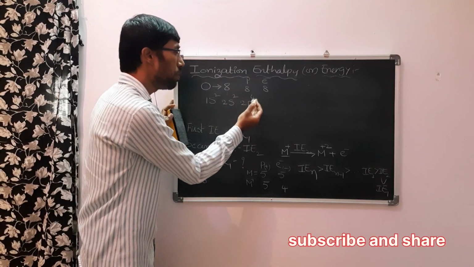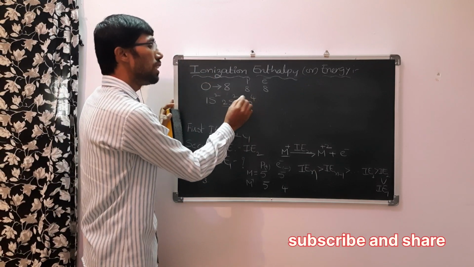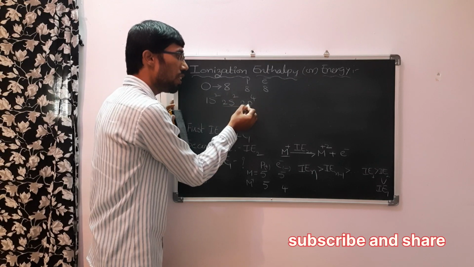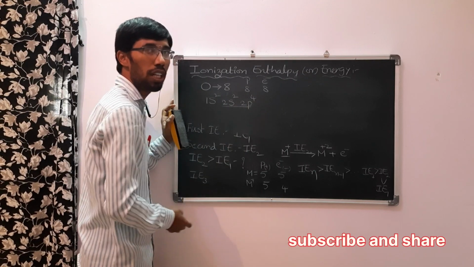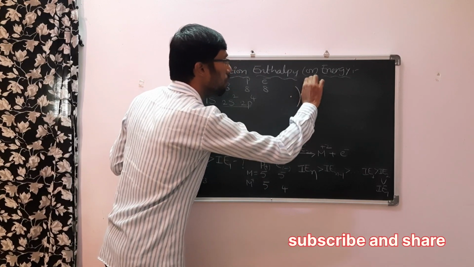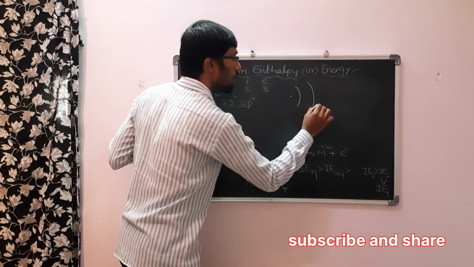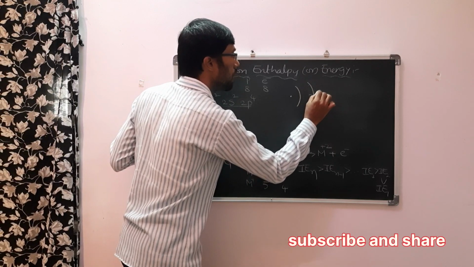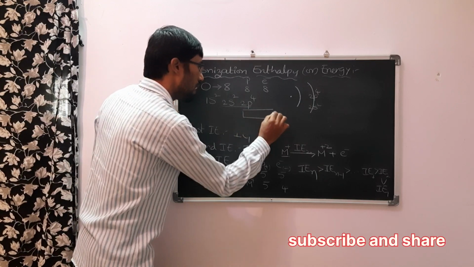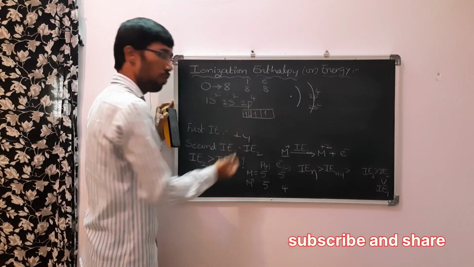The outermost valence shell consists of a total of 6 electrons, because the 2s orbital has 2 electrons and the 2p orbitals have 4 electrons. See here the nucleus, then the first orbit, second orbit, then 6 electrons like 2s2, 2p4, and 2p4 means we write 1, 2, 3 and 4.